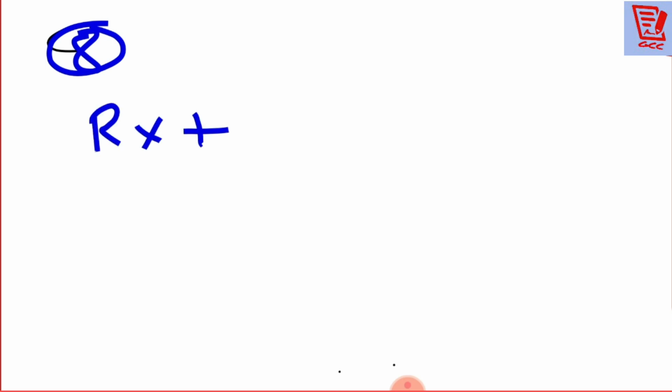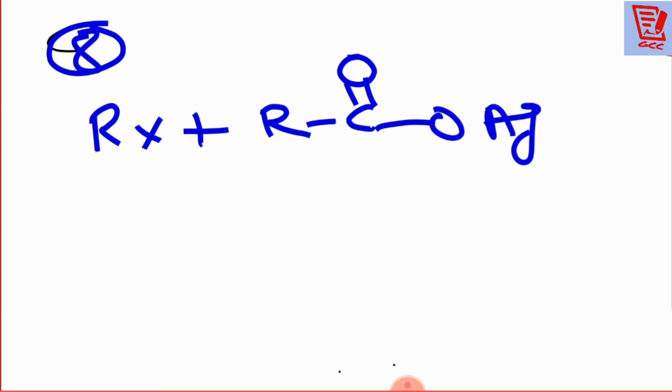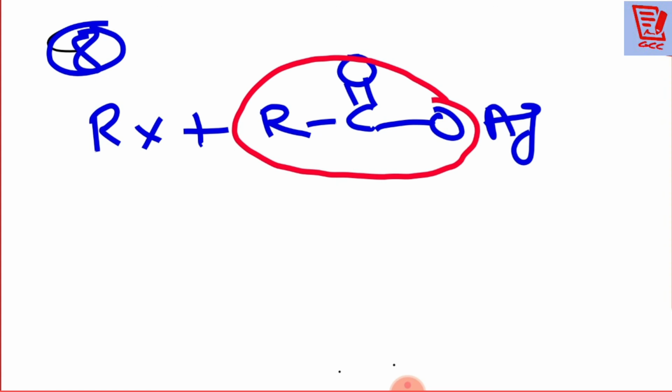Reaction number 8, that is substitution by carboxyl group. Now it's very easy, and I hope you all are getting my points. What I am going to tell you over here, RX I have written there, RCOOAg, and just remember one thing, that RCOO negative is a carboxyl group.